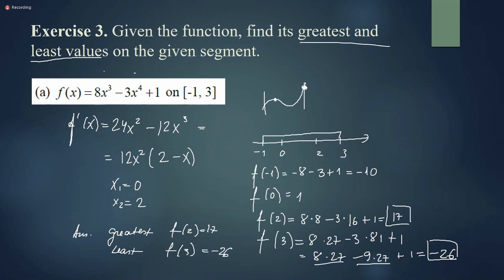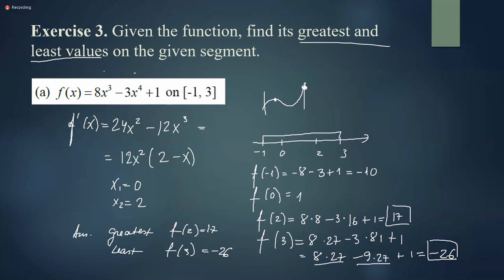So we see that when we pass through 0, the derivative will not change the sign. For very, very small positive or negative x values, x squared will be positive.